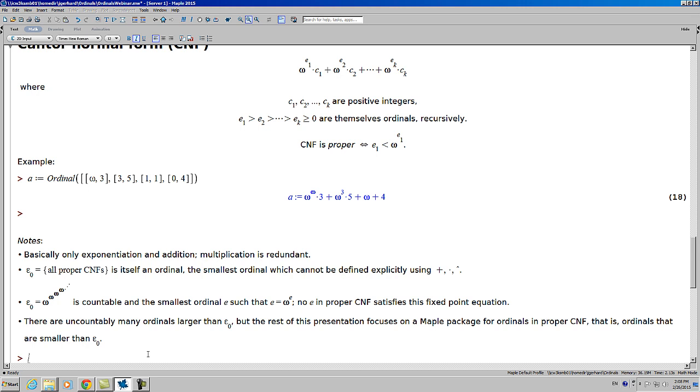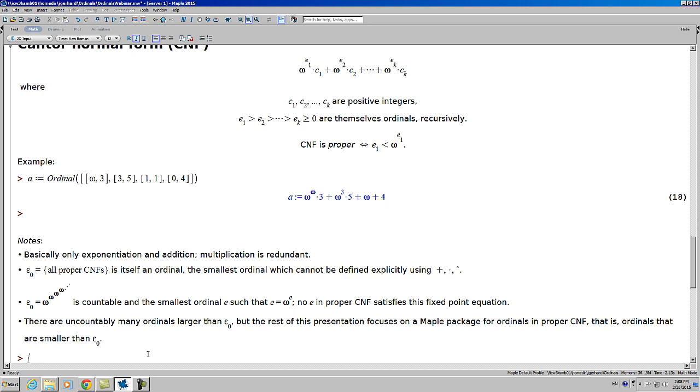Okay, what does the Cantor normal form tell us? Since the coefficients are integers, they could in theory be replaced by just additions. So this is not a normal form yet. I could have omega to the e times 2 plus omega to the e times 3, for example. Actually, that would not strictly be a Cantor normal form because the exponents are equal. The first exponent is not greater than the second one.